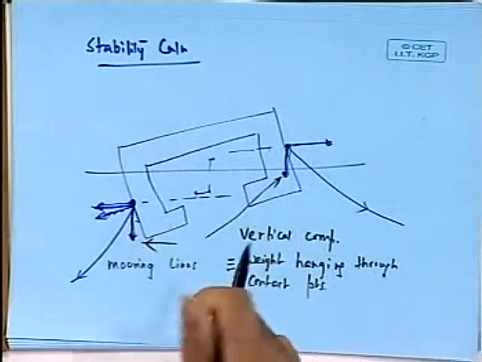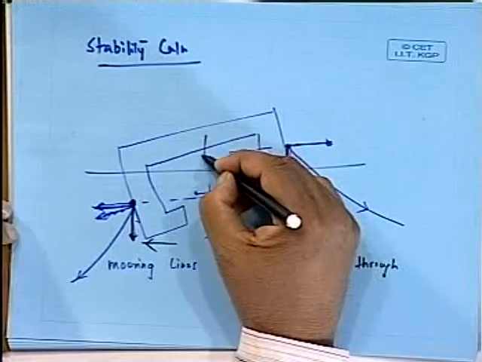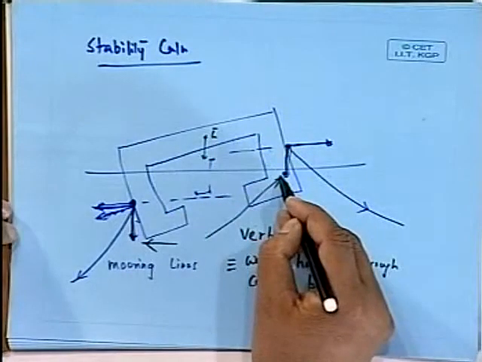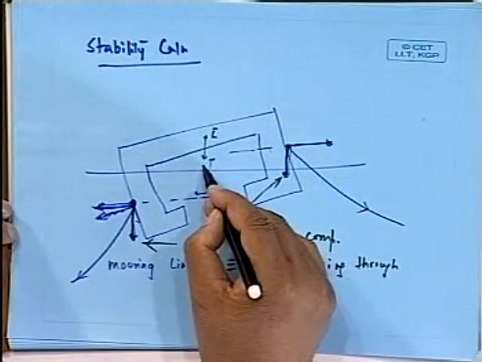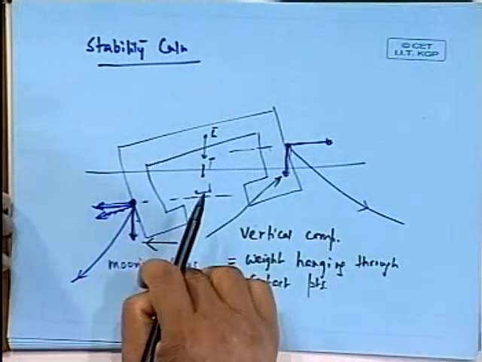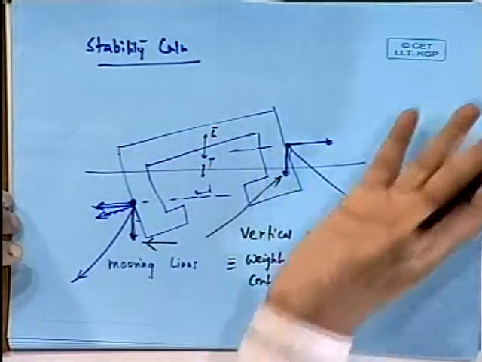Because weight is acting downwards through G, these two forces will also act downwards. This will bring down the effective G. If this is higher, then it will bring up the effective G.